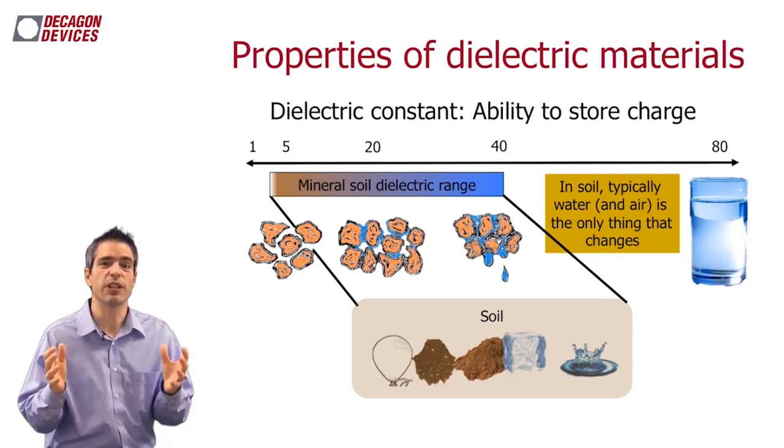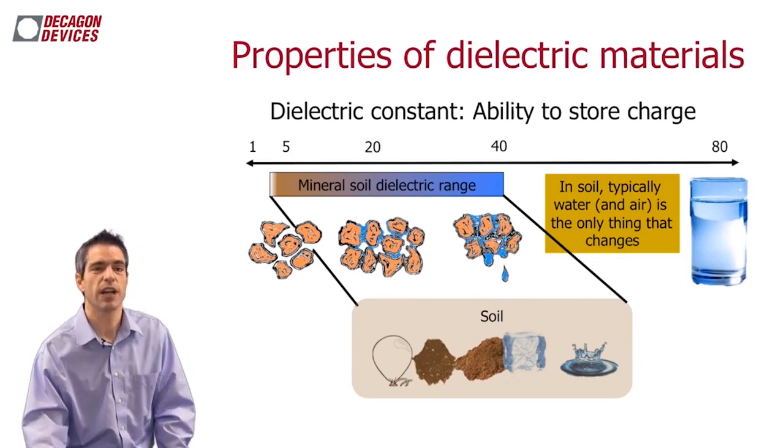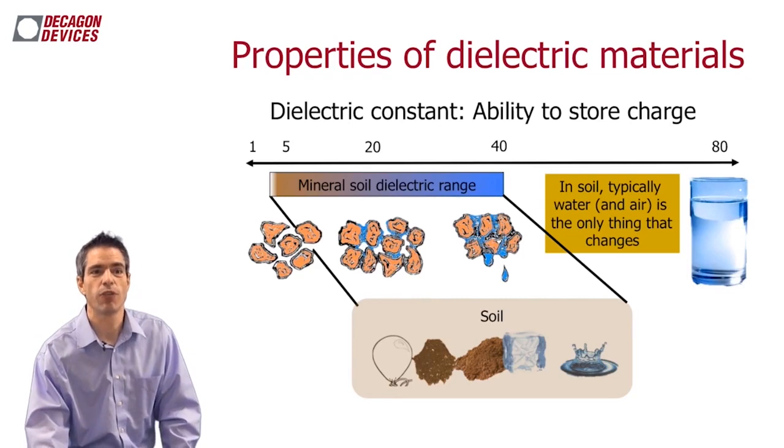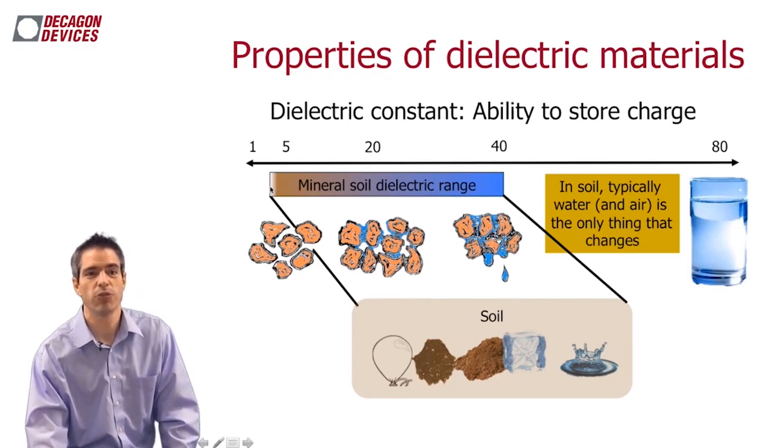And as we look at a little range that I've put together here, we go from a dry soil that would be really only organic matter, air, and soil minerals, around 2 to 3 in dielectric permittivity, all the way up as we have the water begin to fill the pores to a dielectric permittivity of, let's say, 40.